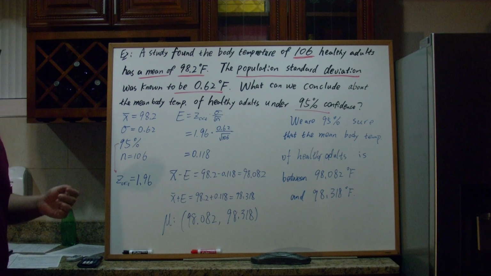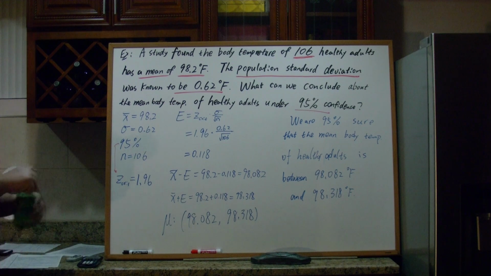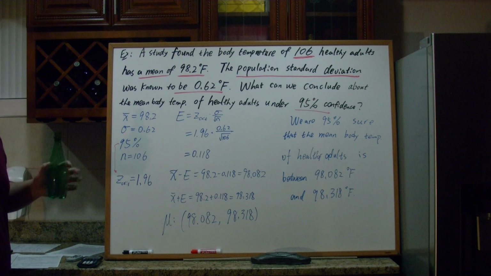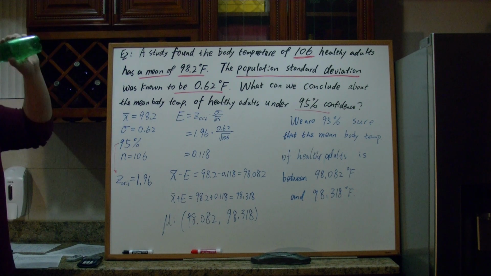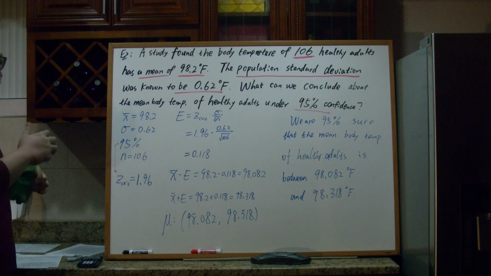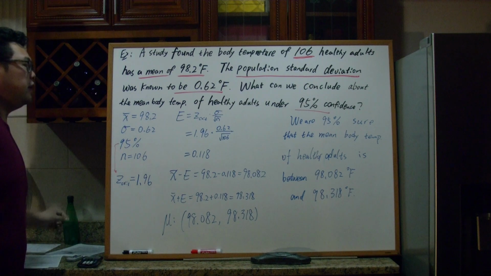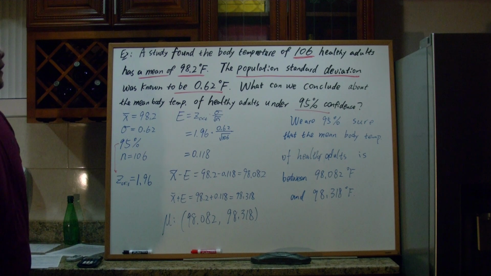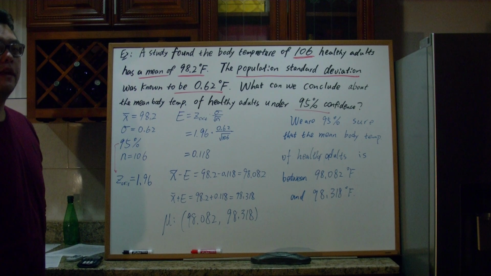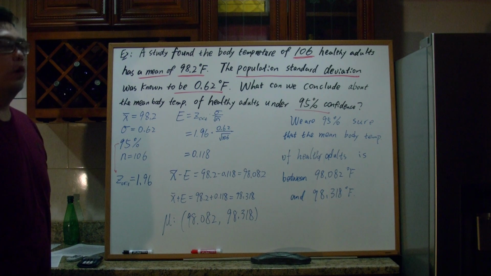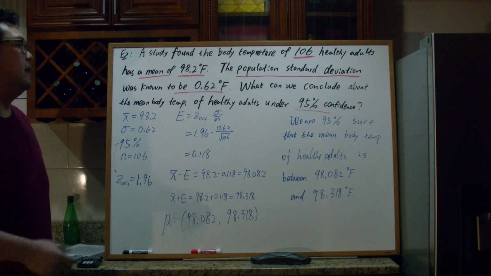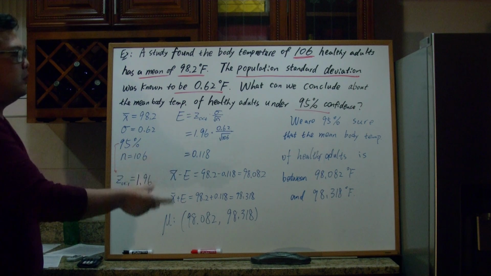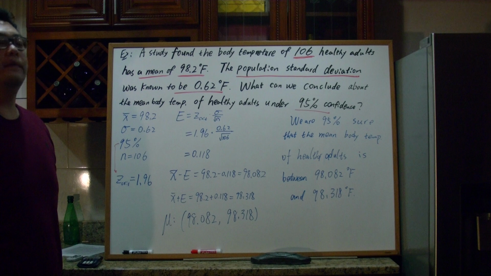So we actually do not know what the population mean body temperature of healthy adults is based on this information. But from the information given, we are 95% confident that it is between these two values. We don't know exactly what value it is, but we are 95% sure that the value is between these two numbers.